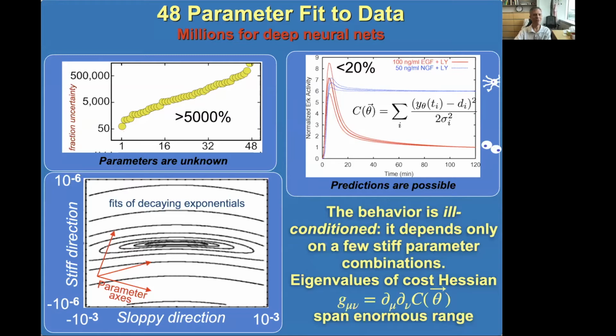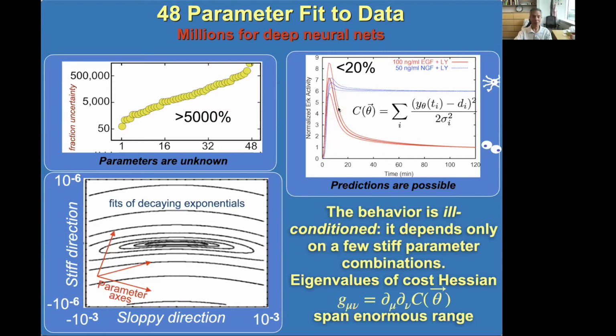It was unknown to a factor of 50, and it got much worse. Now, we know from neural networks that you can have millions of parameters and make good predictions. But when we found this, and then tried to make predictions, we were startled, or I was startled.